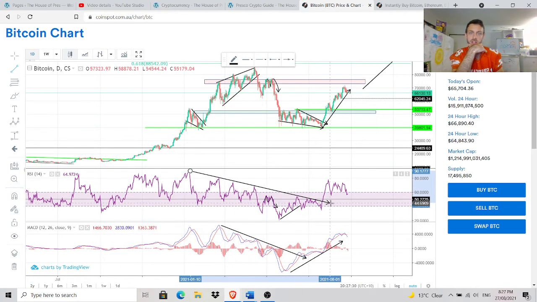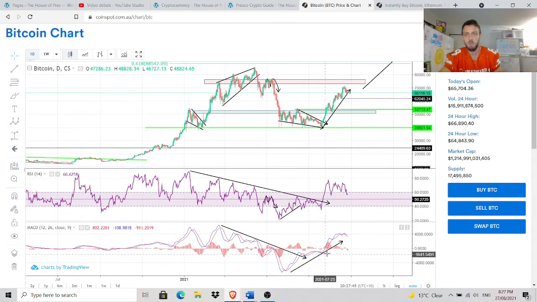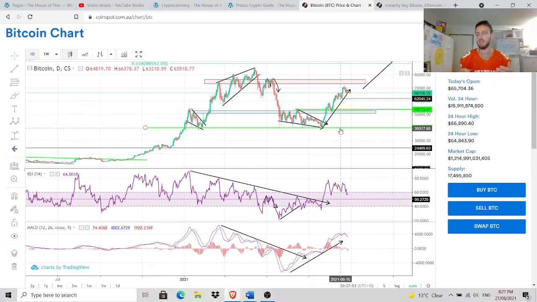And you can even extend that all the way through. That's even more confirmation that this trend is over and we're breaking out of resistance. So we got one confirmation on the RSI, two confirmations on the MACD, plus a breakout of our pattern from a heavily supported area. We've got a lot of signals telling me maybe I should put my money back in the market.